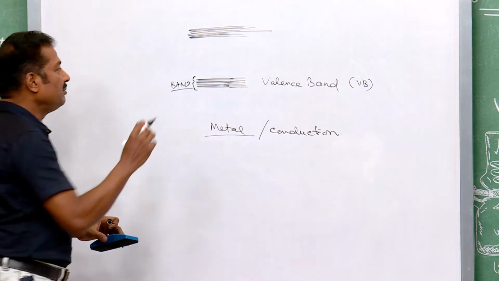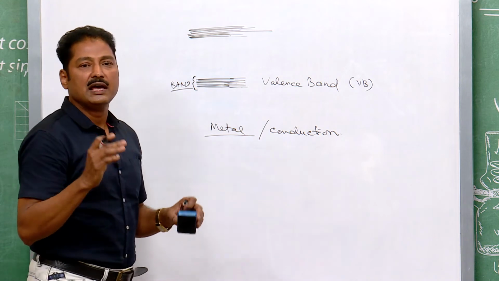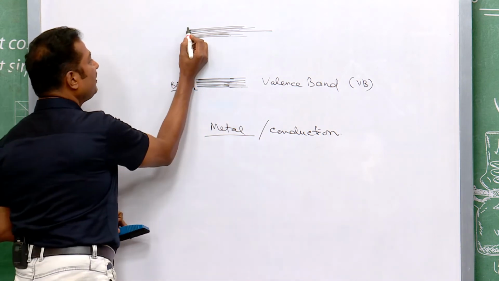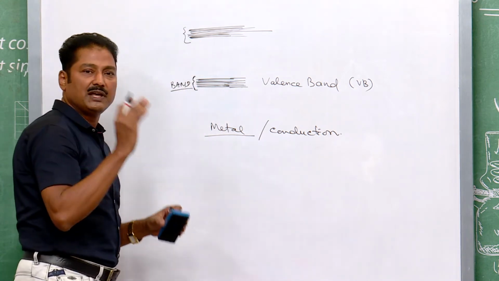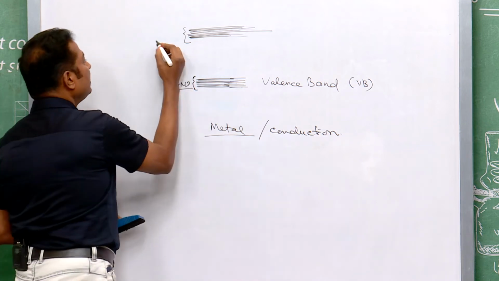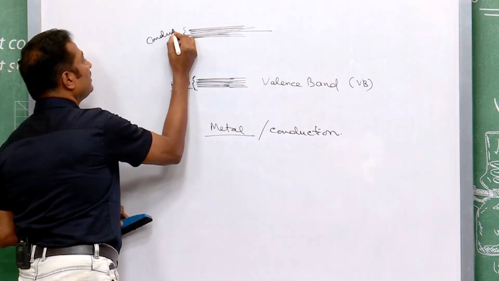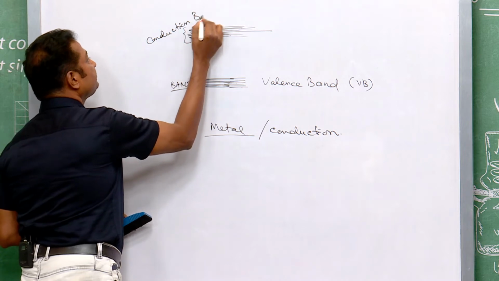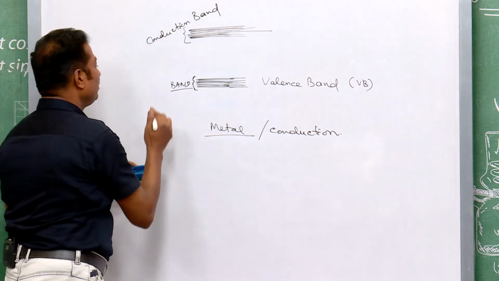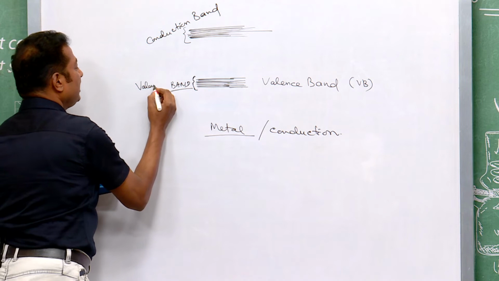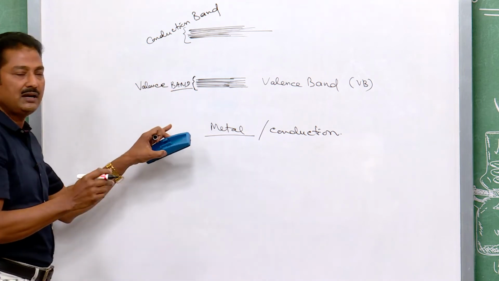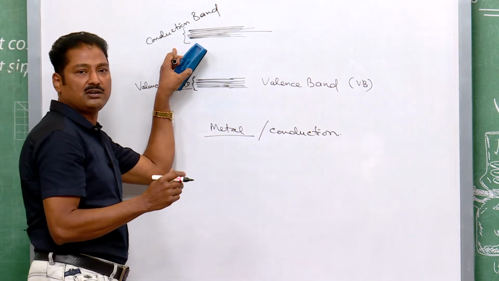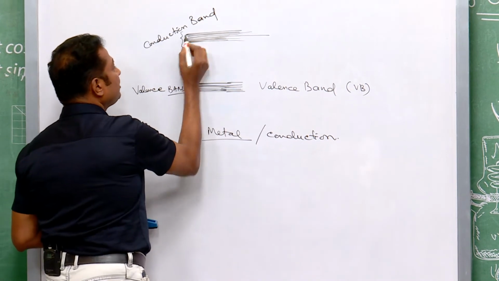That means the electrons will possess a range of energy, and because it is of the conduction electrons, it will be the conduction band. This was of the valence electrons, so this was the valence band, and this is of the conduction electrons, therefore it is the conduction band.